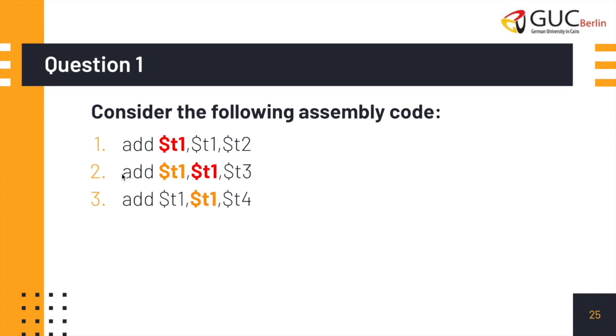Therefore, I should not forward from the mem/writeback register, so I need to add an additional condition to condition 2a to make sure that condition 1a is false. If it is false, then I do not have a middle dependency here. Instruction 2 and instruction 3 will not have any dependencies, therefore I can forward from 1 to 3.